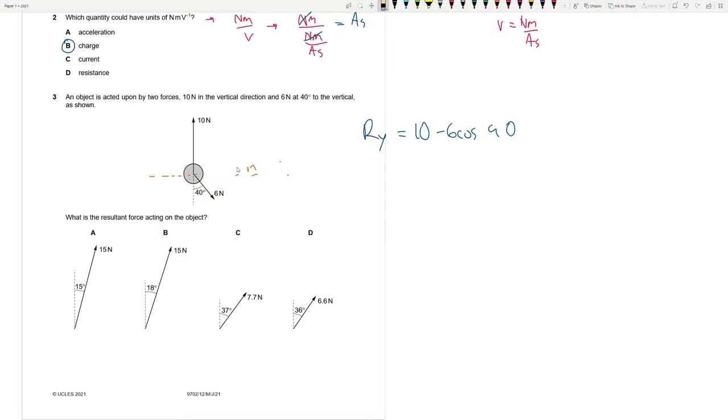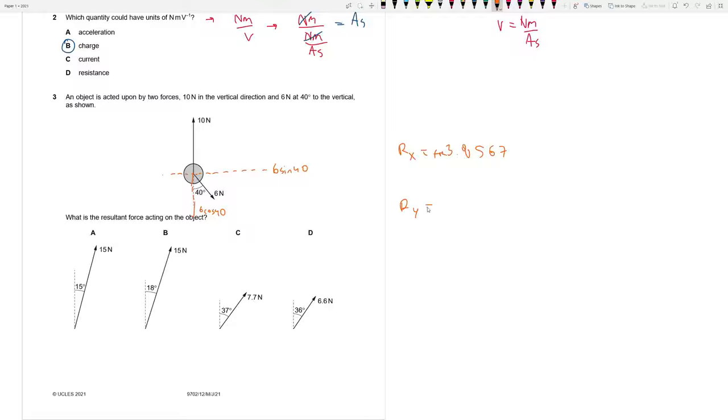If you look at the figure, the 6 newton force has two components. One is 6 cos 40, the other is 6 sin 40. So the resultant force in the x direction is just 6 sin 40, which is 3.8567, in the positive direction to the right.